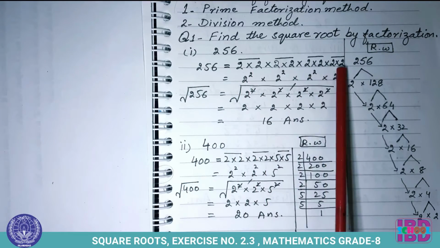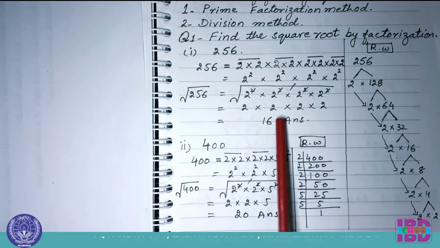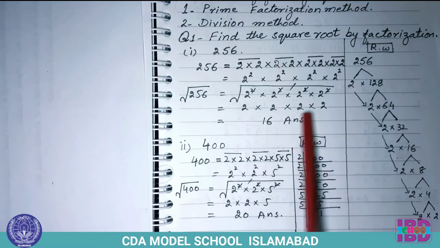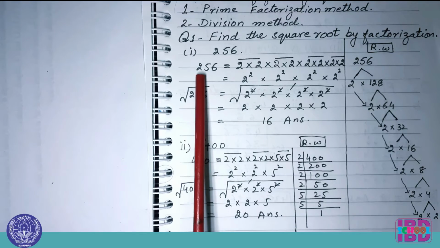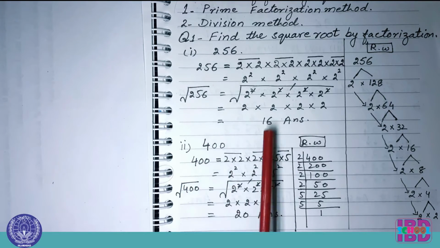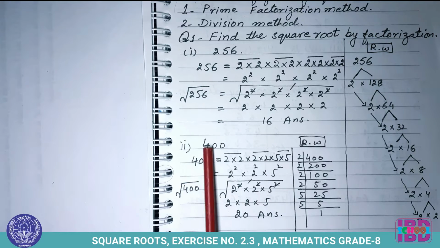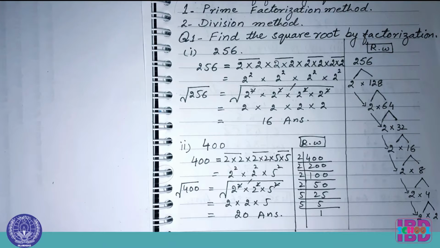Then choose one number from each pair and multiply by the chosen number. The product of these chosen numbers is the square root of the given number. In this way, we can find the square root of the given number in question number 1 of exercise 2.3.